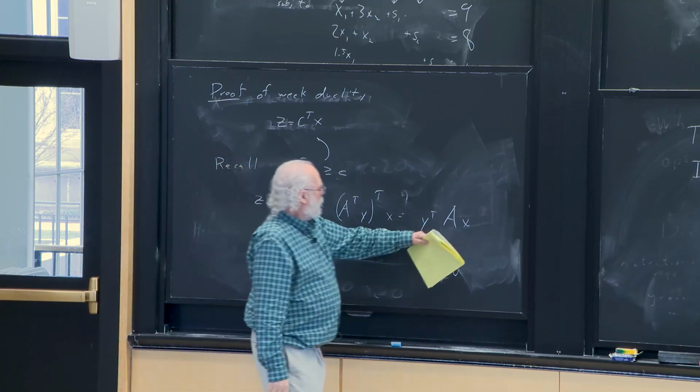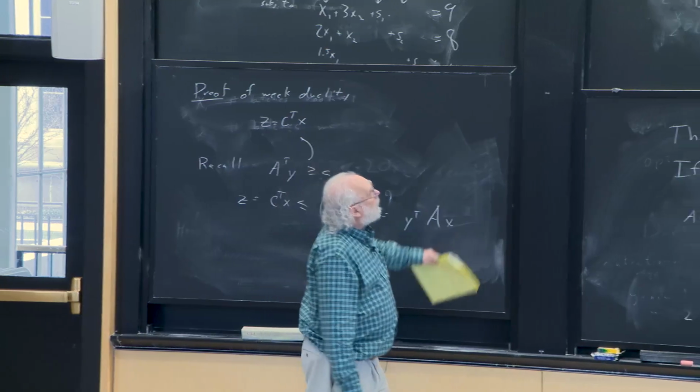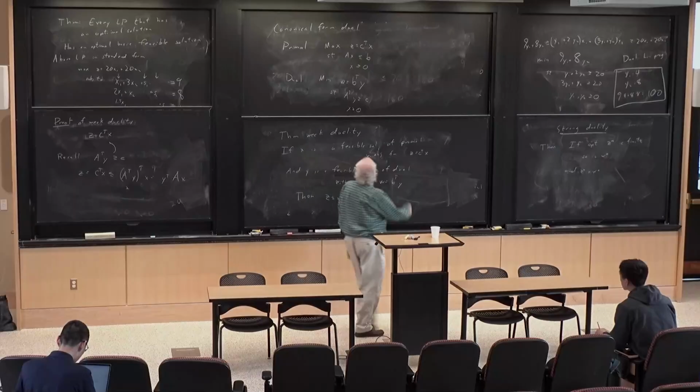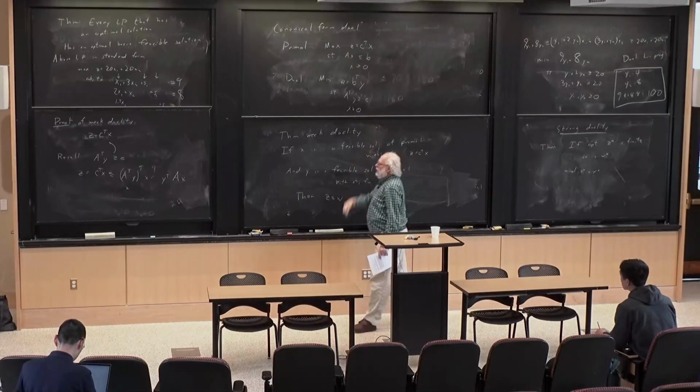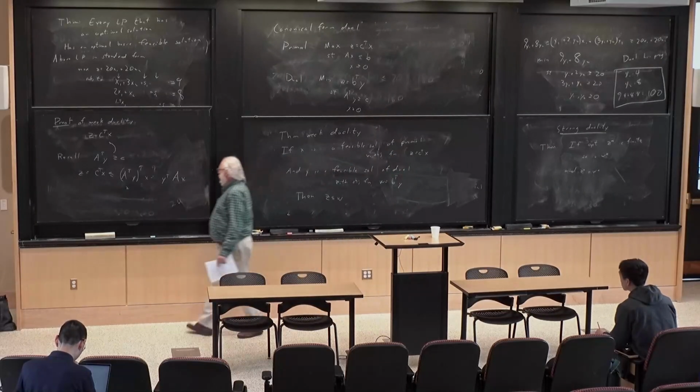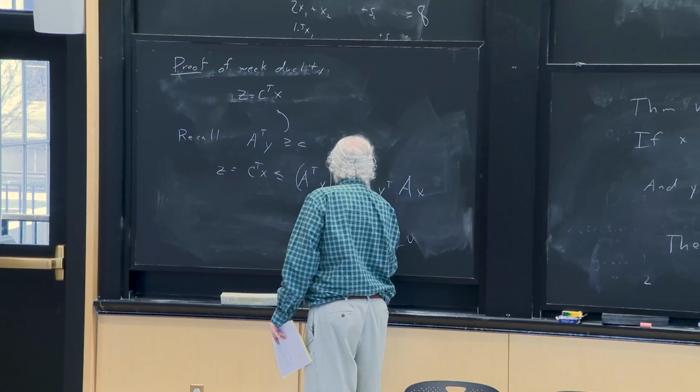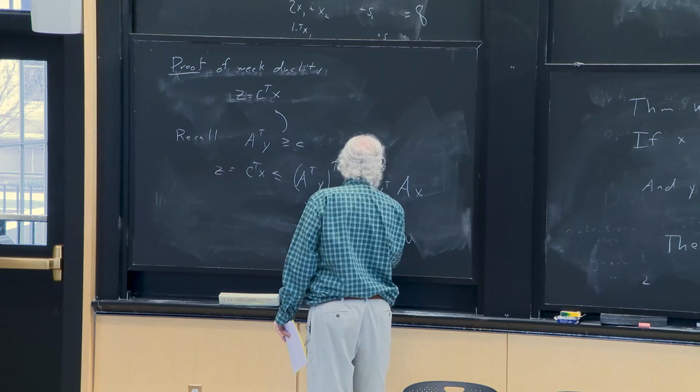And now, do we have something about AX? Up there, we have AX less than or equal to B. So let's plug that in here. And that's less than or equal to Y transpose B.